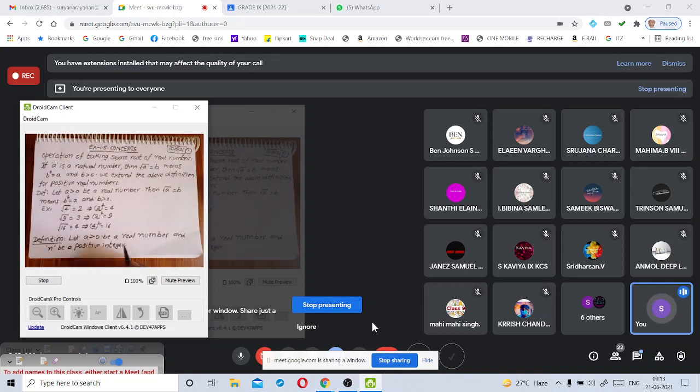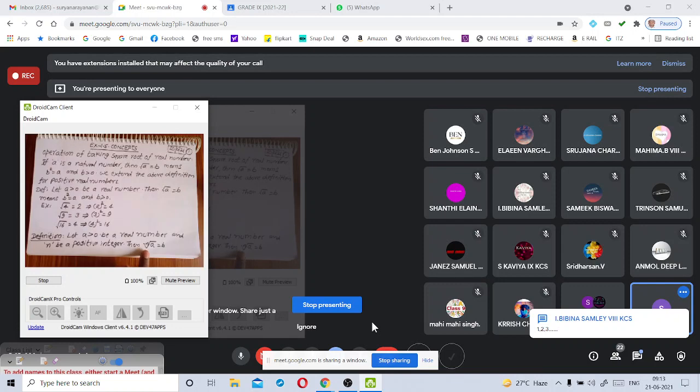Then nth root. Yes, very good, my dear Bibina. Under, in between this symbol, n we have written. Please observe this point, my dear children.